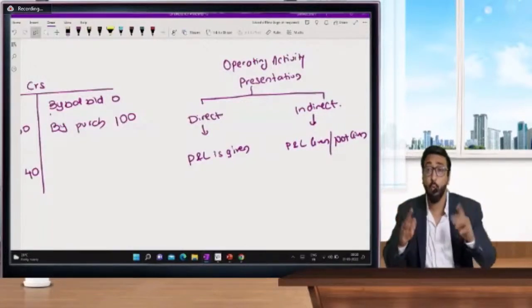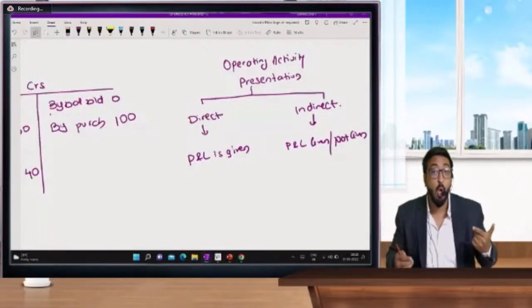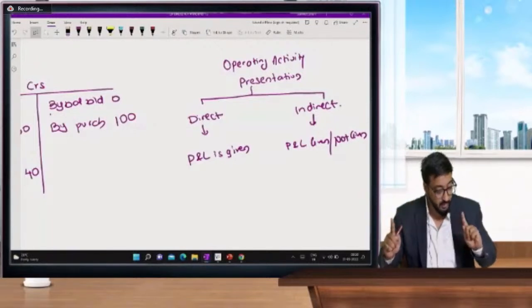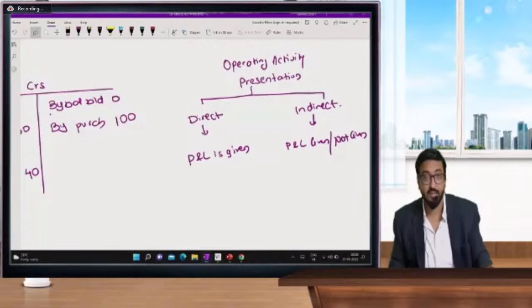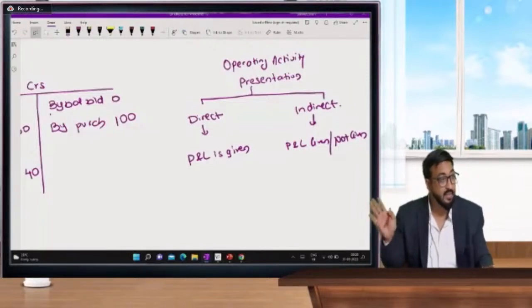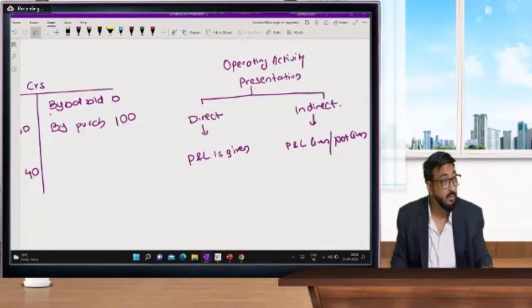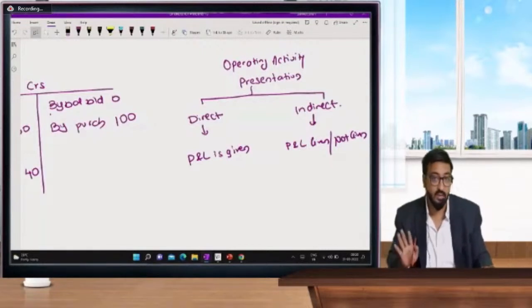So what is the new concept that you understood? Operating activity is divided in 2 parts. One is direct and second one is indirect. Direct when possible, if P&L is given, and indirect is possible whether P&L is given or not given.